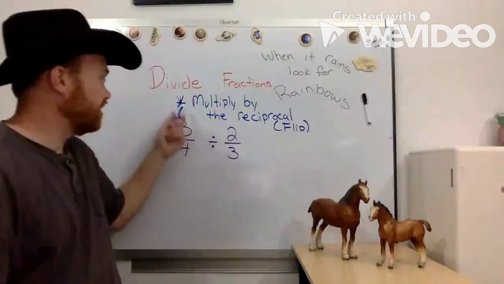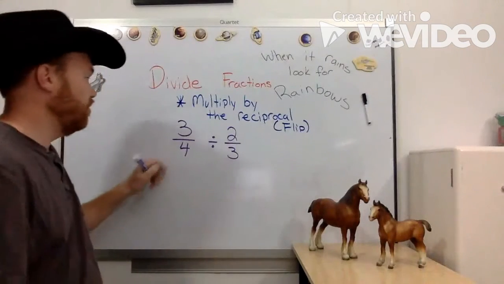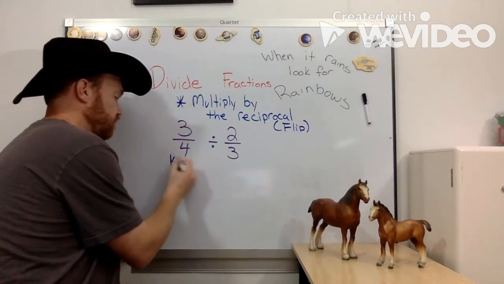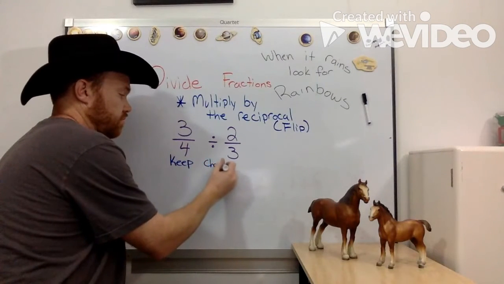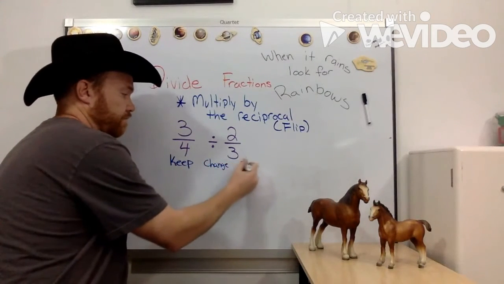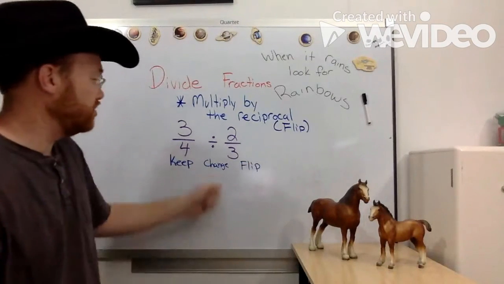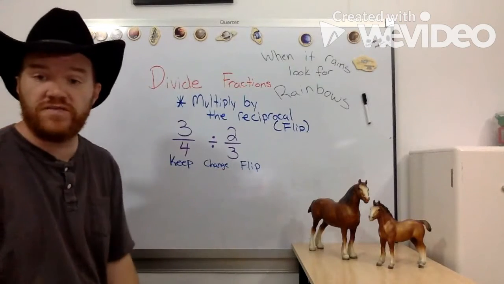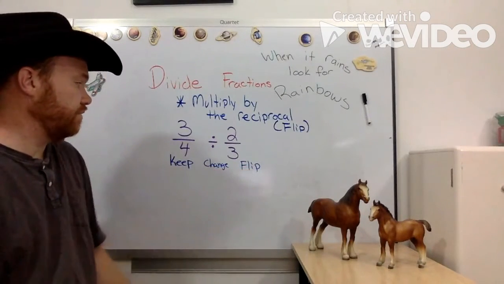To keep this rule, multiply by the reciprocal, simple for you, we're going to do keep, change, flip. I want you to go ahead and say that to yourself. Keep, change, flip. Whenever we divide fractions, we keep, change, flip.